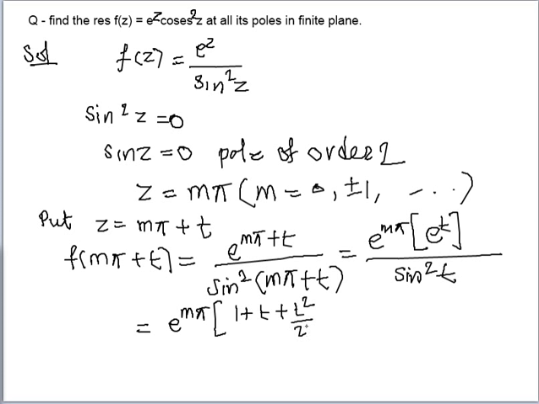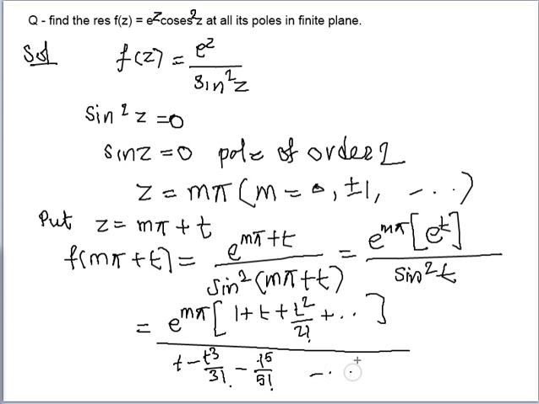Now the denominator sine series has only odd terms, so t minus t cube by factorial 3 plus t to the power 5 by factorial 5 and so on, with power square, because we have sine square t. Next we rewrite it again.